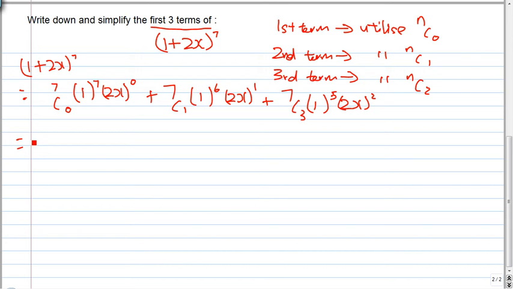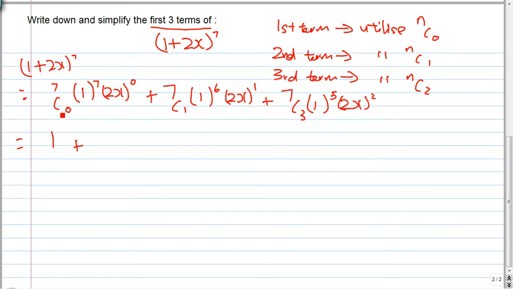If you press your calculator, 7C0 is equal to 1. 1 to the power of 7 is just 1, 2x to the power of 0 is just 1, so the very first term is just 1. What about 7C1?